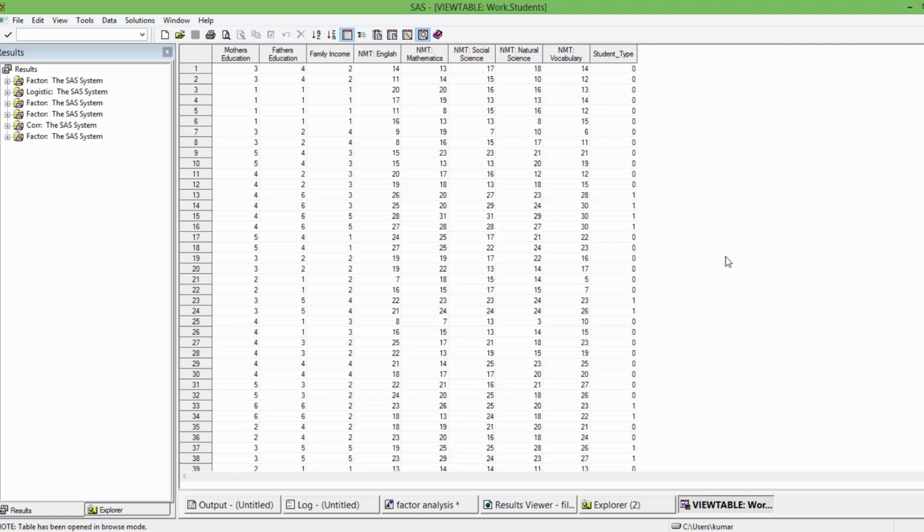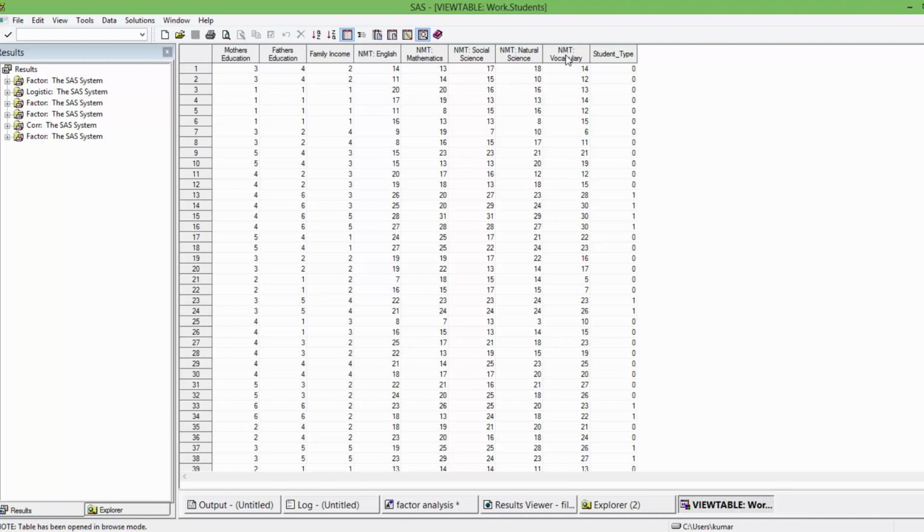It's about the performance of the students in class. What are the variables available to us? We have mother's education, father's education, family income, and scores in English, mathematics, science, social science, natural science, and vocabulary.